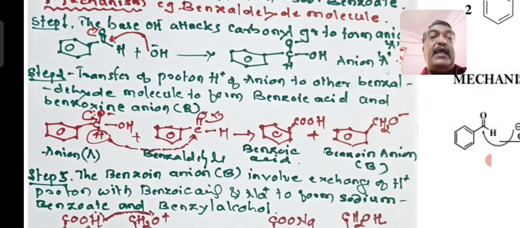So the anion loses its proton, making benzoic acid, and the proton will move towards the carbon, making the second benzaldehyde molecule into benzyl anion B.